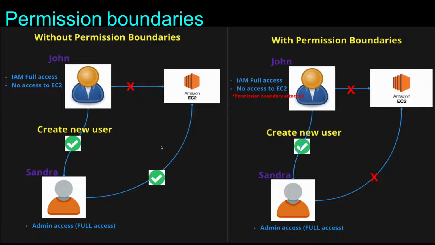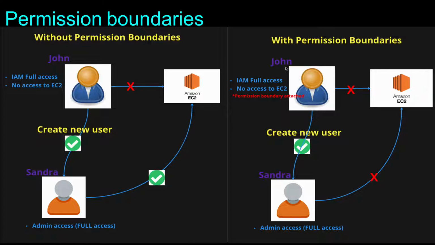So this scenario is without permission boundary. Now let's go to the with permission boundary scenario on the right side. The same scenario, but in this case John additionally has a permission boundary attached. He has IAM full access, doesn't have access to EC2, but he has a permission boundary attached. When he tries to access EC2, as usual, he gets denied.